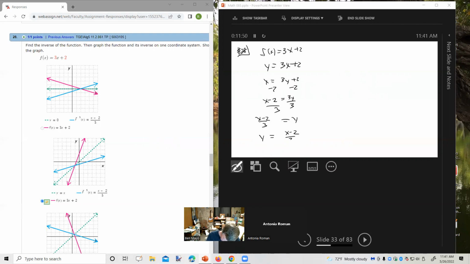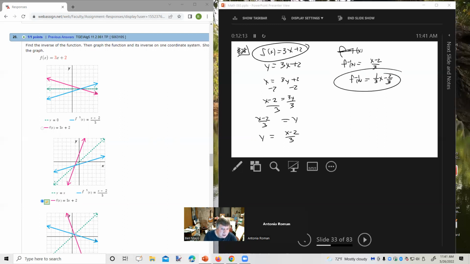So f inverse of x equals x minus 2 over 3, which in slope intercept form is 1/3 x minus 2/3. So we've got this and this.